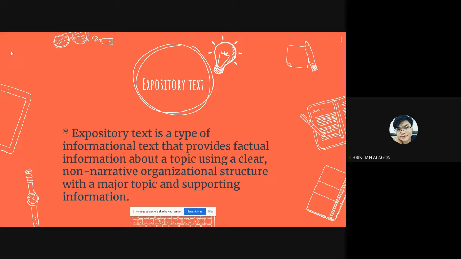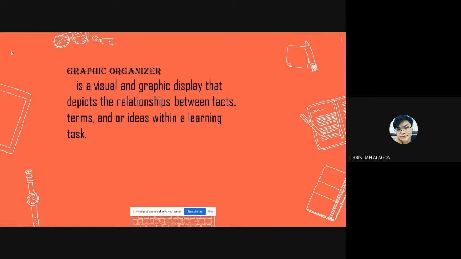So expository text in general gives clarity, conciseness, and organized writing. That is expository text.